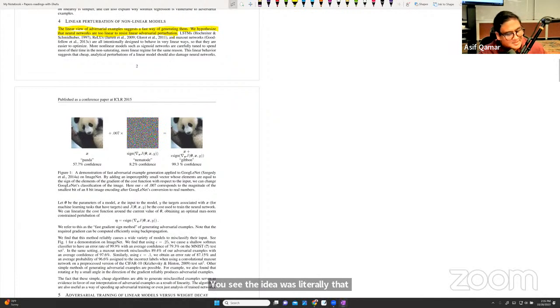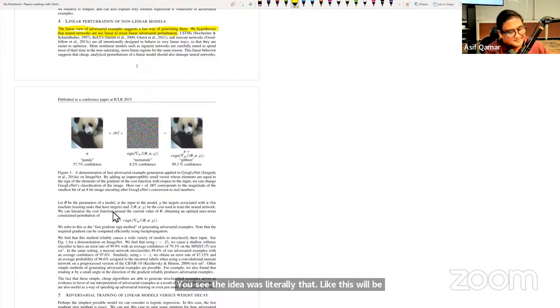Let theta be the parameters of the model, x be the input. So what are the parameters of a neural network? Weights and biases. X is the input. In this particular case, what is x? X could be literally the image vector, or it could be the tensor, whatever it is, but let's take it this way. Then y is the target associated with x, the learning task, and J be the cost function.